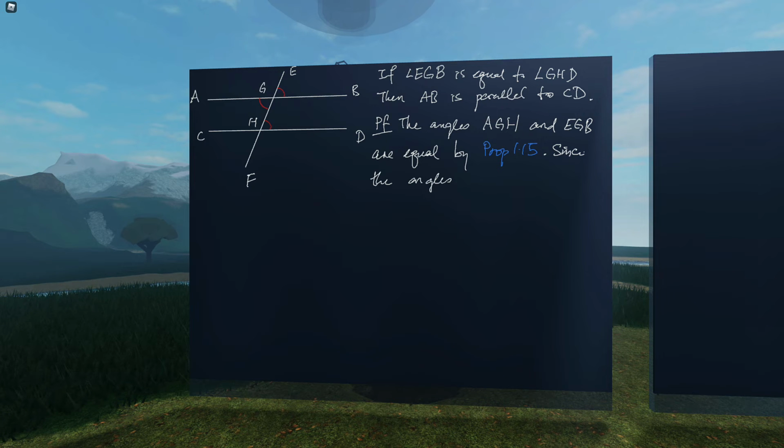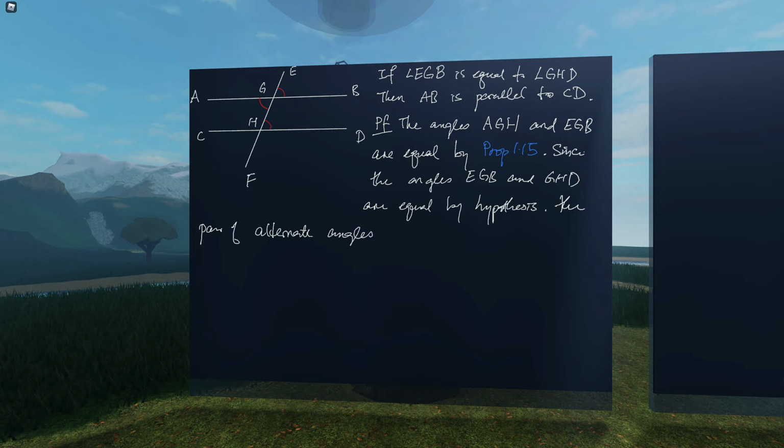Since the angles EGB and GHD are equal by hypothesis, right, the pair of alternate angles, AGH and the other one GHD, are equal.